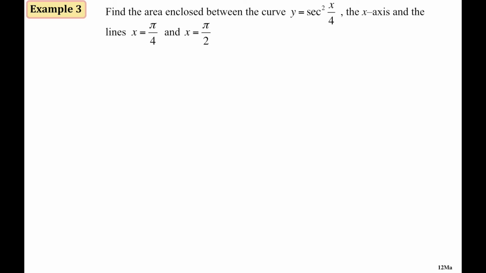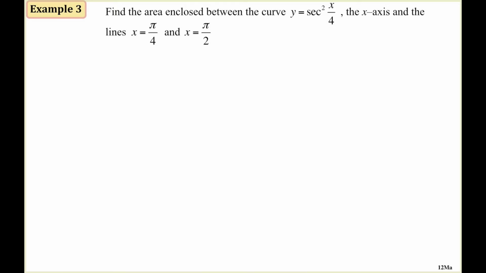If it's above the x-axis we get a positive answer. However, with this particular question, it's not an issue at all because the sec value is squared, and whenever you square anything you get a positive answer. So I don't have to worry about looking underneath the x-axis because sec of x on 4 is squared, and squareds are positive.